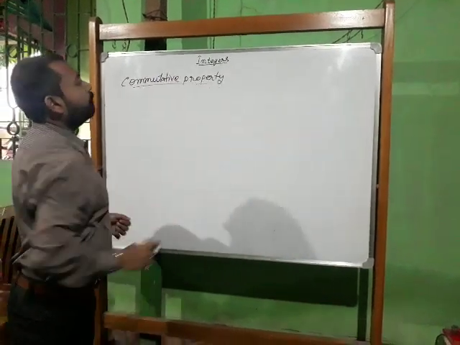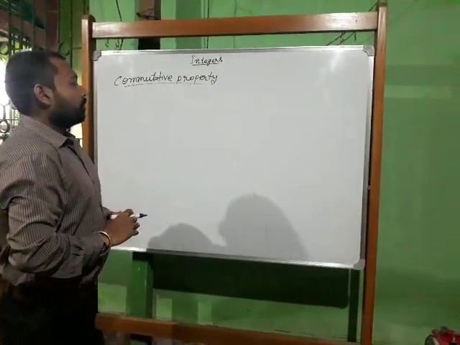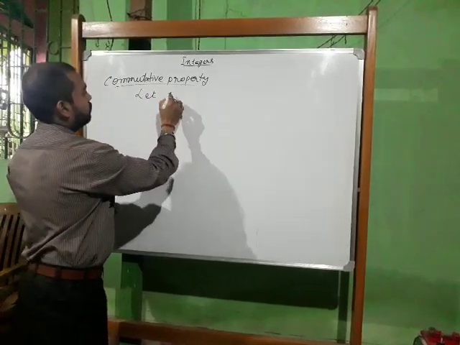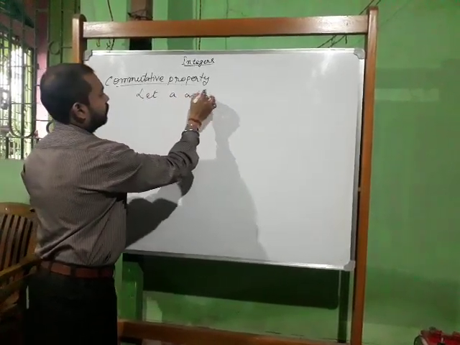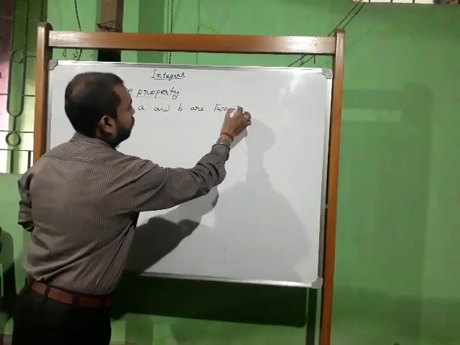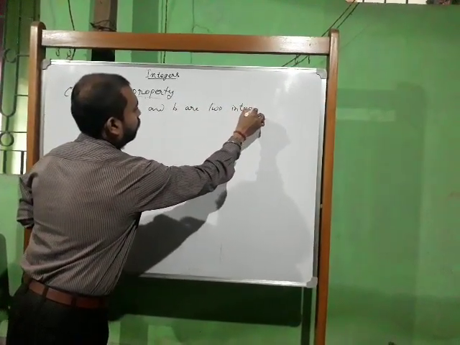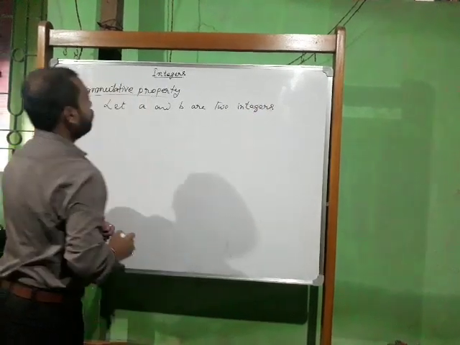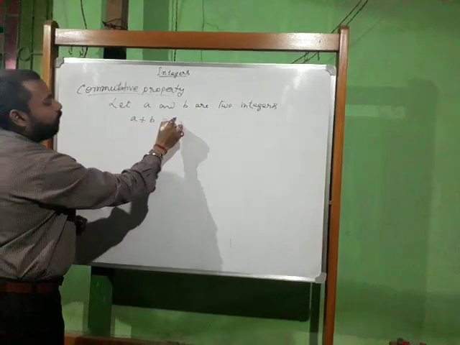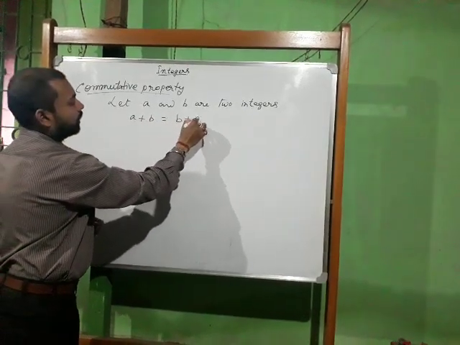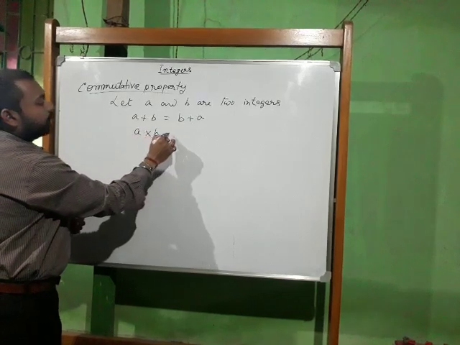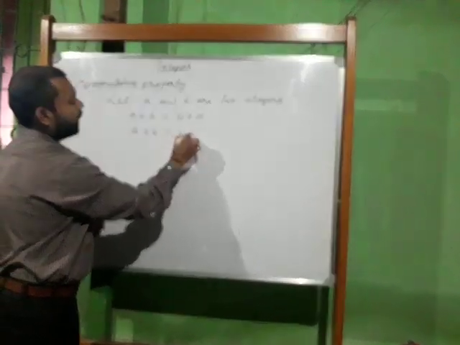So the next is the commutative property. Let us take two integers. So a plus b is equal to b plus a, and a into b equal to b into a.